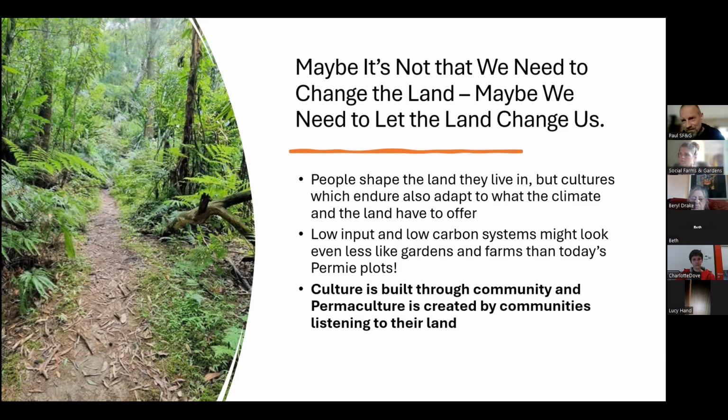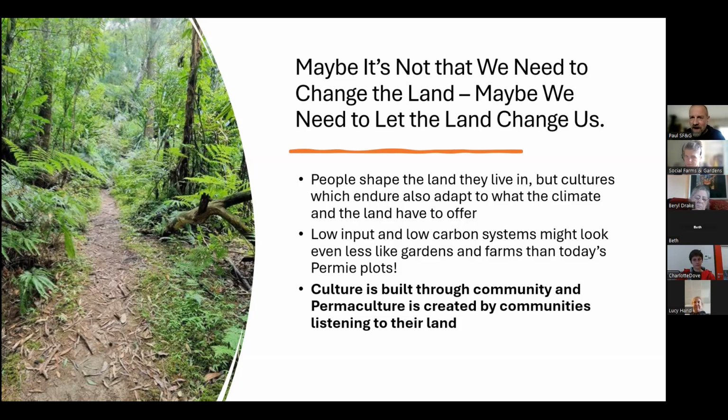This is part of the eat more nettles argument that I've reached with my permaculture. People do shape the land that they live in, and that's fine. But cultures that endure also adapt to what the land has to offer.